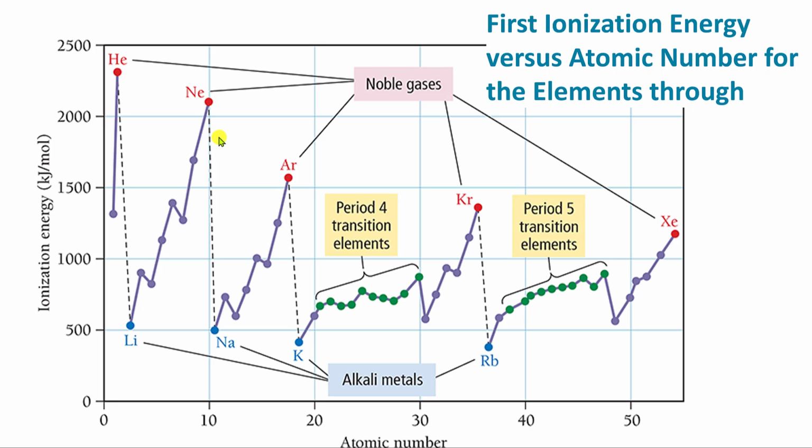It looks very similar to the trend in radius, because they both depend on distance from the nucleus, which affects both the ionization energy and the attraction of the electrons to the nucleus. It also shows this increasing trend going from left to right, because the radius gets smaller as you go left to right, and it gets smaller because the effective nuclear charge is going up. So really what you're seeing here is a direct effect of the effective nuclear charge.